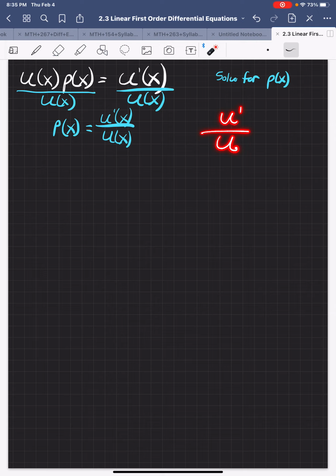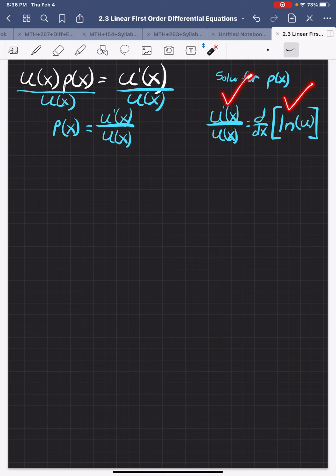Well, u prime of x over u of x. What we remembered in Calc 1 or Calc 2, I can't remember which section it is, but you should remember that that's just the derivative of ln of u, right? The derivative of ln u was just u prime over u.